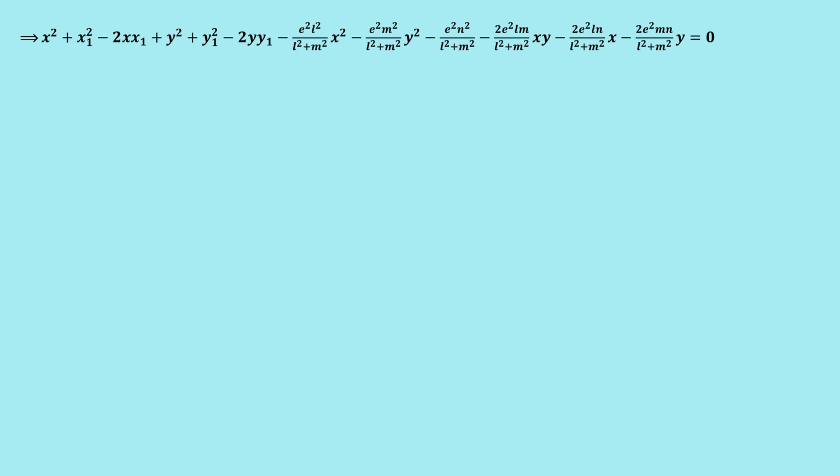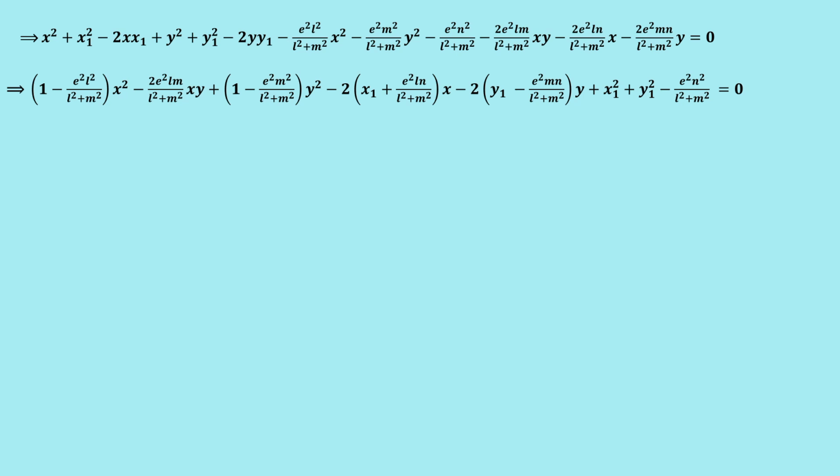So you will get the remaining terms: the first 6 terms, right? x square plus x1 square minus 2x x1 plus y square plus y1 square minus 2y y1, minus then divided by (L square plus m square), e square L square x square, e square m square y square divided by (L square plus m square), then next term, and so on, then the last term minus 2 e square mn y by (L square plus m square) equal to 0, right?